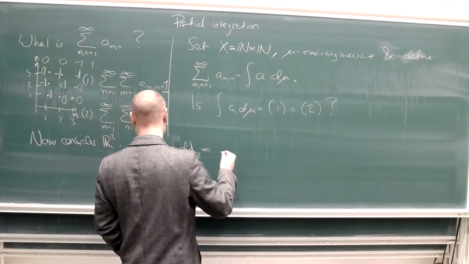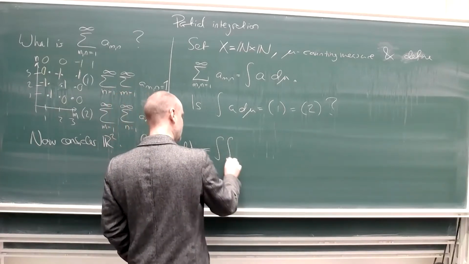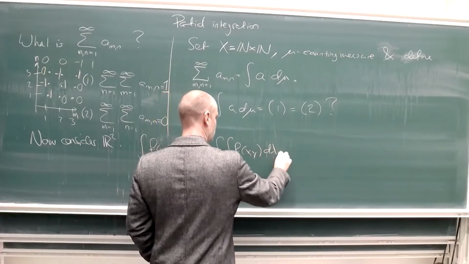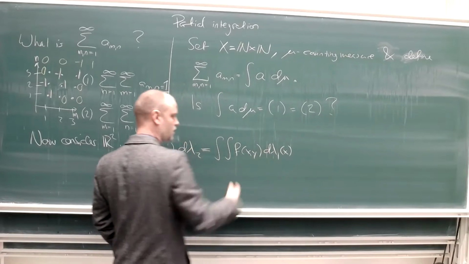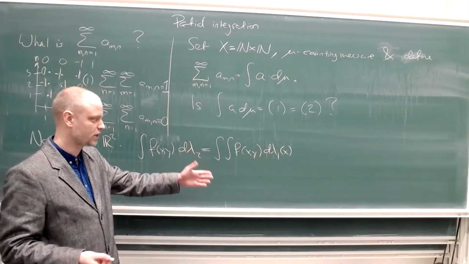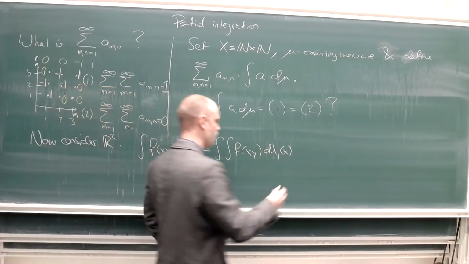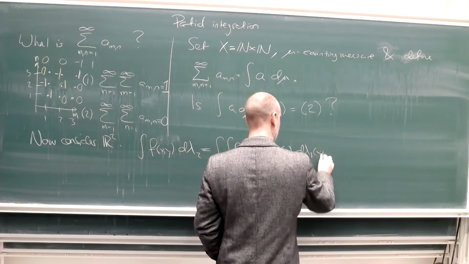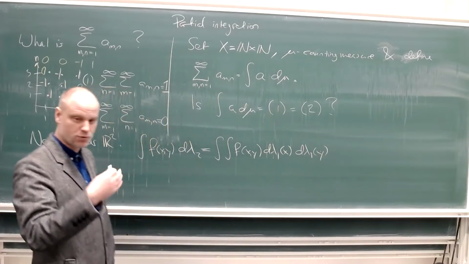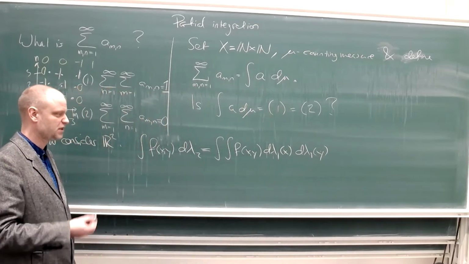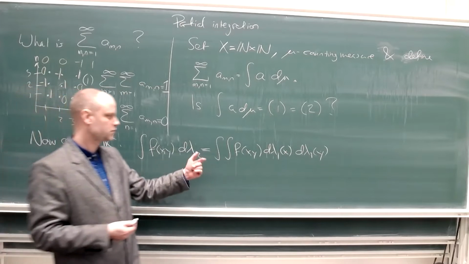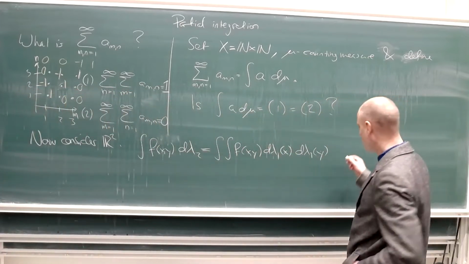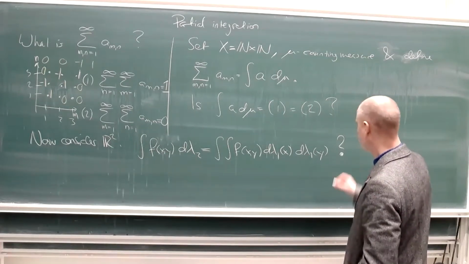Now I can ask myself, is that the same as doing a one-dimensional Lebesgue integral in the x direction? This gives me a function of y, and then I can do a Lebesgue integral with respect to one-dimensional Lebesgue measure again, and I get some number. And of course, I can flip the order, right?